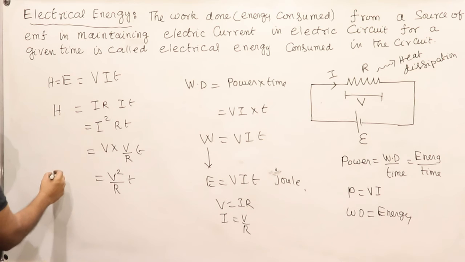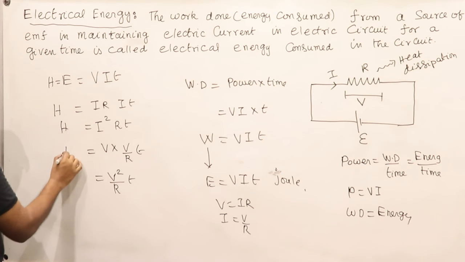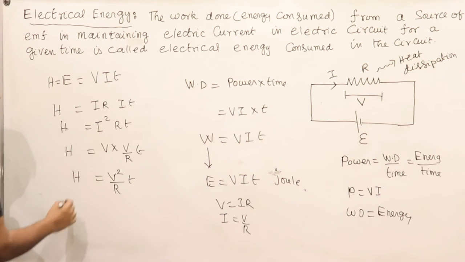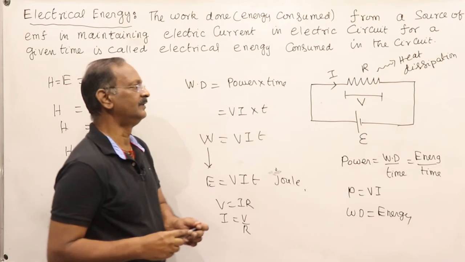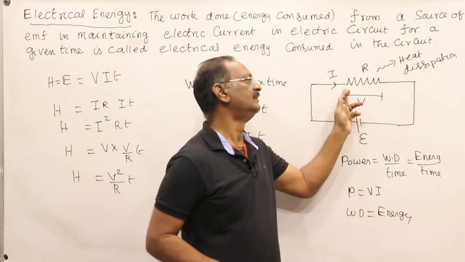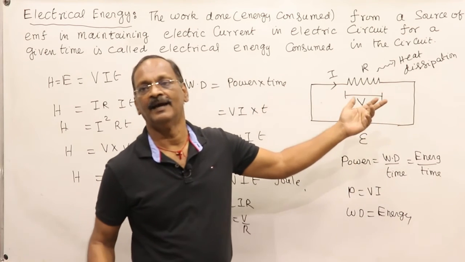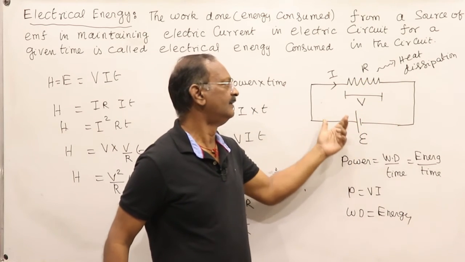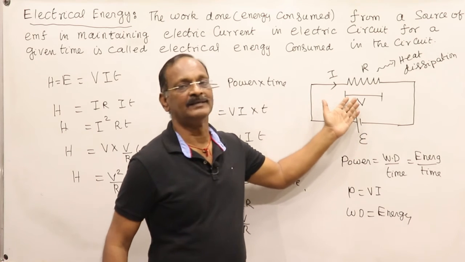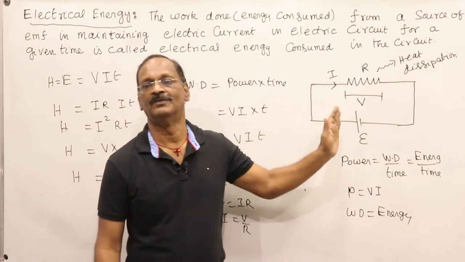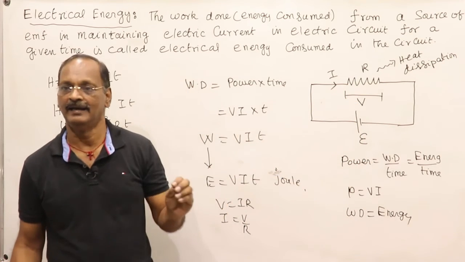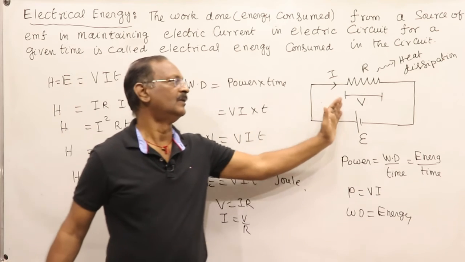These are different expressions for heat energy dissipated when a current is flowing from one end to the other end of the conductor having a resistance of R, and this work is done by the battery in moving the charge from one end to another end, and hence current from one end to another.